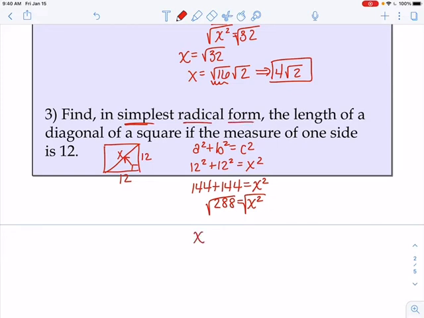So I'll first write it just as the square root of 288. Now I'm looking for the biggest perfect square that's a factor of 288. You can sort of cheat right here. The fact that you are using 144 twice here means that 144 is a factor of 288.